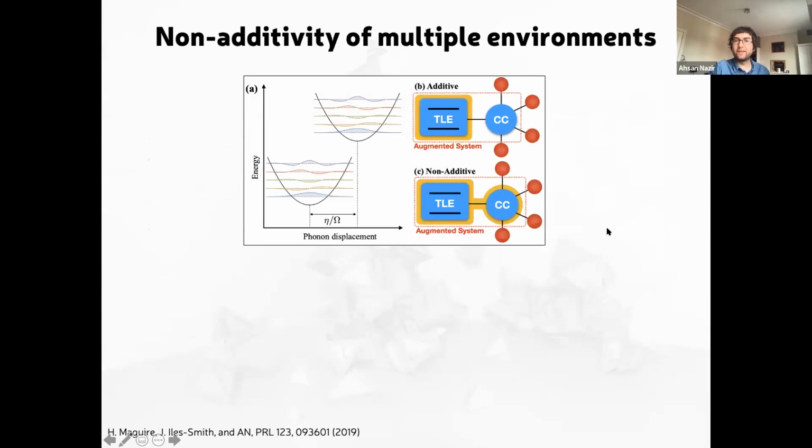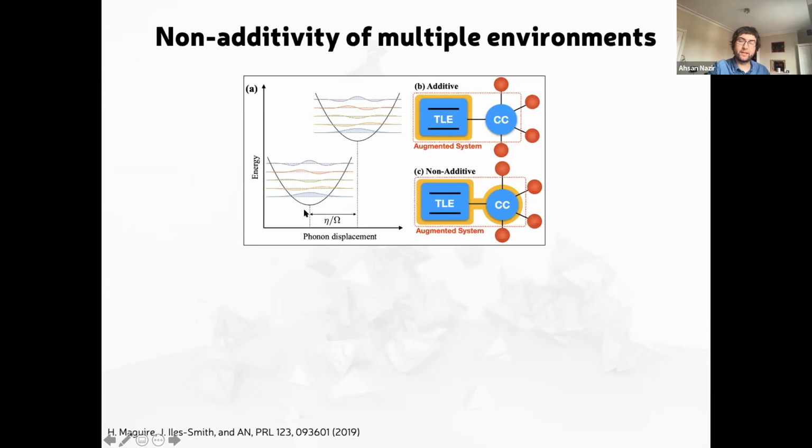So a picture, schematically, to give you a feel for what the physics is here, is shown here in A. What this collective coordinate transformation allows us to do is to associate essentially a vibrational manifold with each of the states of the two-level system.